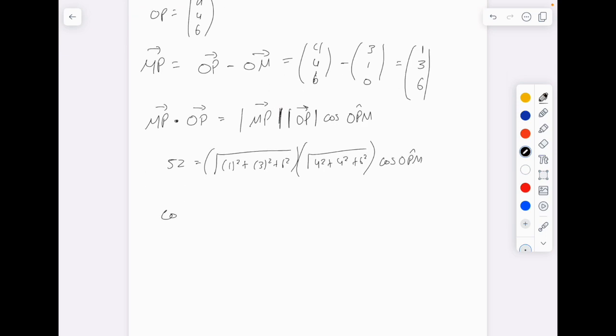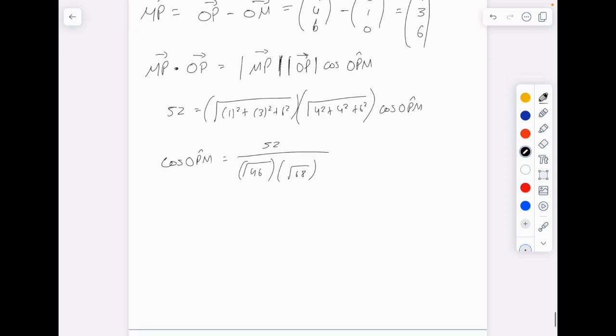So cos of OPM is going to equal 52 over the square root of 1 plus 9 plus 36, so 46, over the square root of 16 plus 16 plus 36, which is going to give me 68.